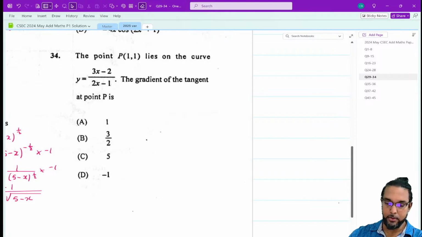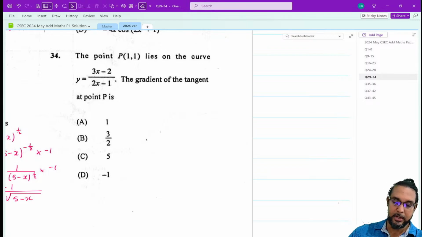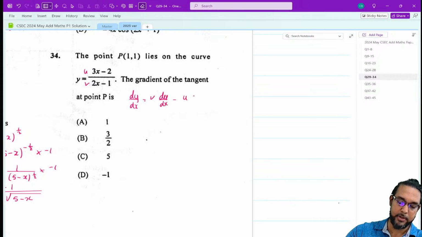34, the point 1, 1 lies on the curve y equal to 3x minus 2 over 2x minus 1. The gradient of the tangent at point P is, okay, cool. This is clearly a quotient rule, right? So dy dx is going to be equal to v by du dx minus u by dv dx, all over v squared.